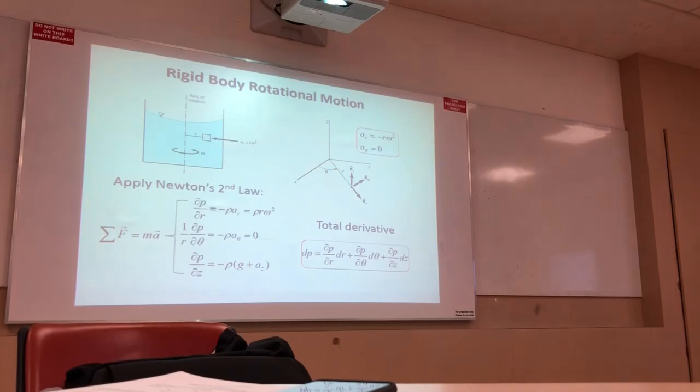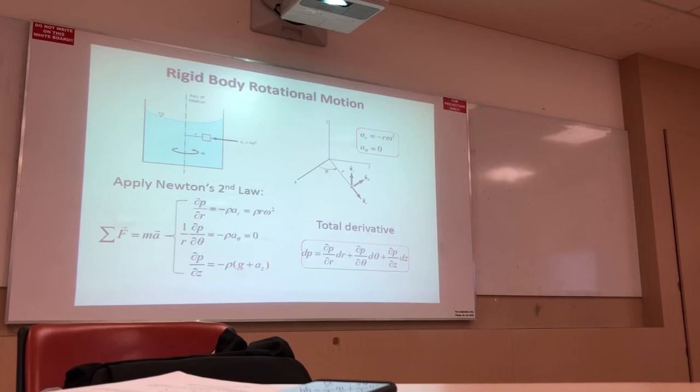And XY we remove for simplicity. Then I can write delta P by delta R dr, delta P by delta theta d theta, delta P by delta Z dz. In the Z direction, acceleration is AZ, and this one is present.